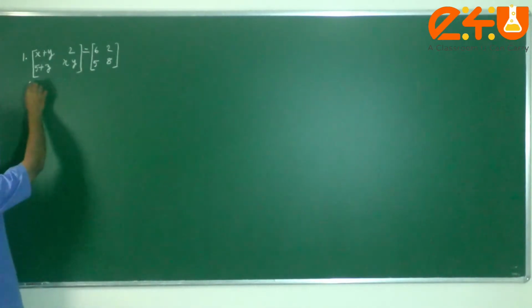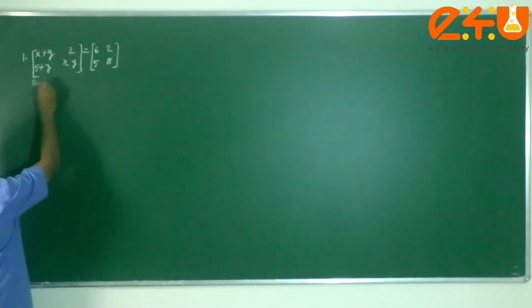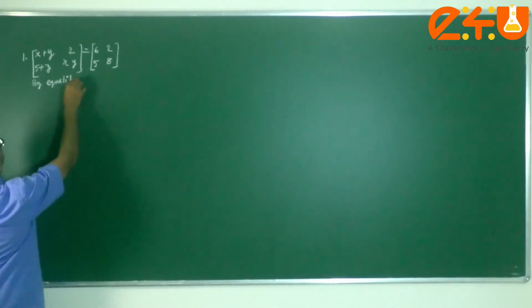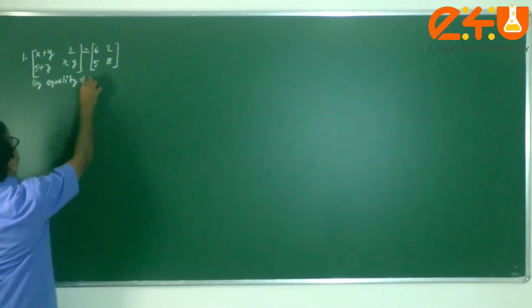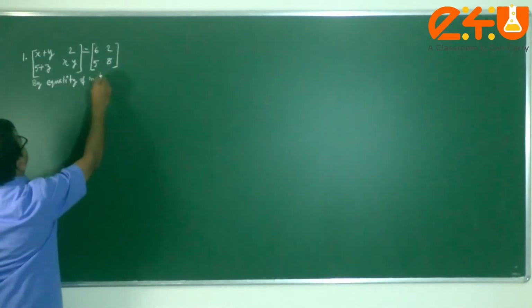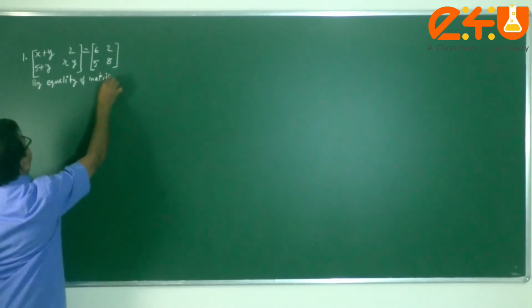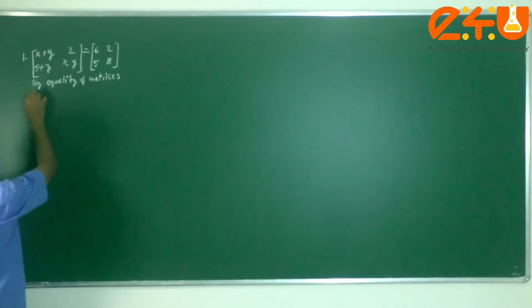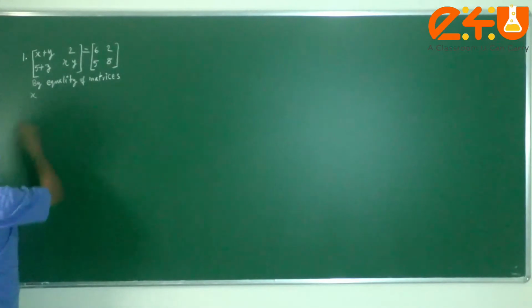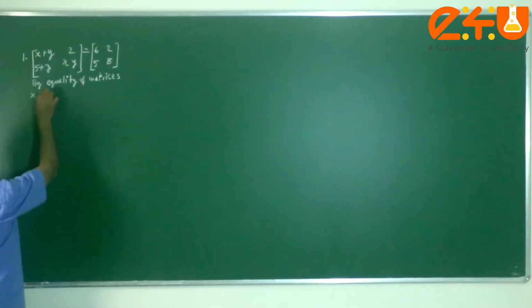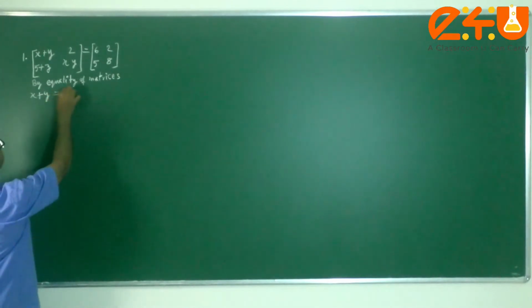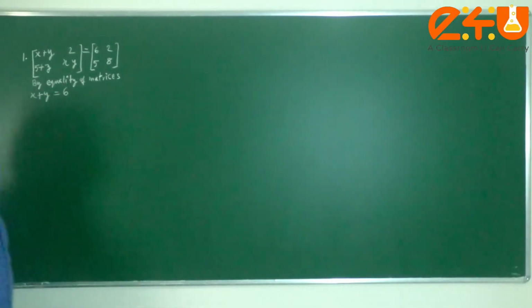By the principle of equality of matrices, we can write every corresponding element. So I am going to write the 1 1 element on the left; it must be the same as the 1 1 element on the right.